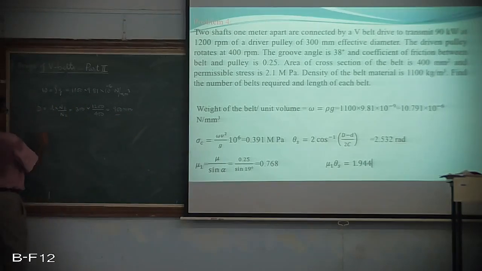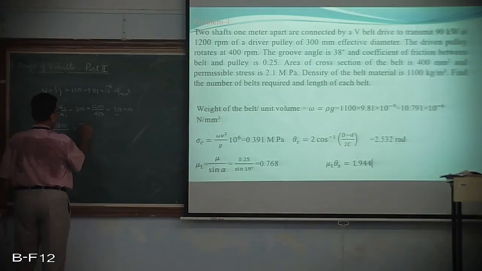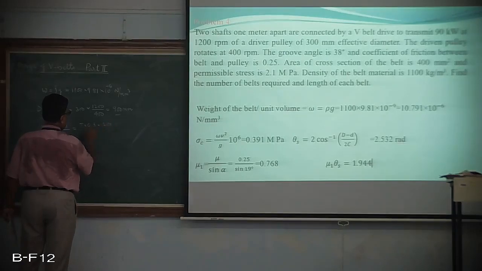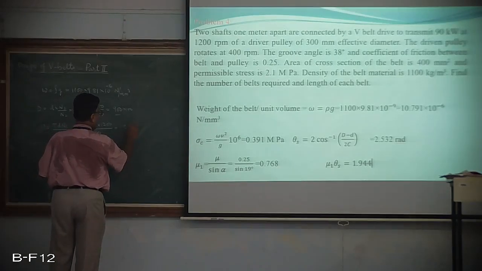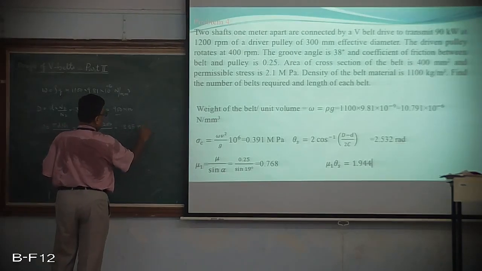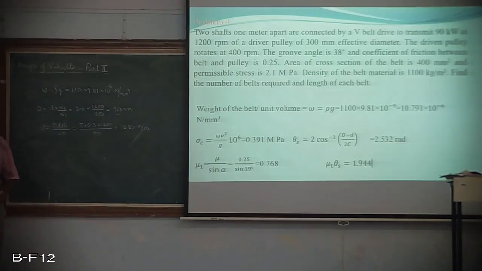Once you get that, then find out the belt speed, which you can take like this: pi into 0.3 into 1200 upon 60 will give me 18.85 meter per second. This is going to be the belt speed. Once you know that, then calculate the centrifugal stress.